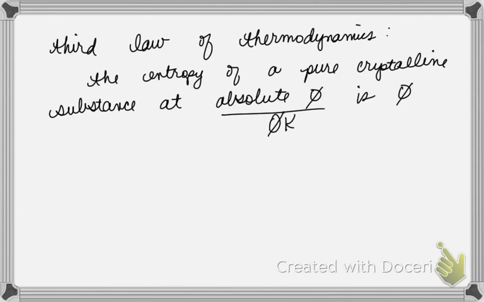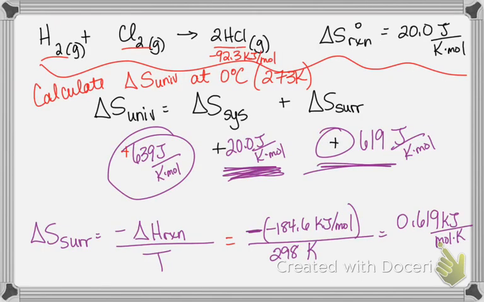Okay, so what we just saw is that to truly predict the spontaneity of a reaction, you would have to calculate the delta S of the universe, which requires you to calculate the delta S of the surroundings. However, usually the measurements that are made are only about the system.